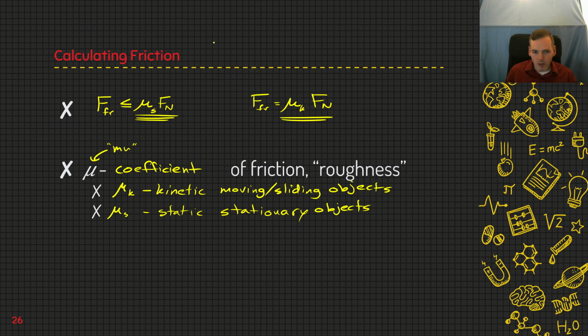Now, why are there these two? Well, because as we said earlier, if you imagine zooming in like this, and then zooming in like this, then if they're stationary, those bumps have a chance to settle in and lock together, per se. And so if you start trying to move this top piece, it's going to be very hard, because they're getting as much friction as possible.